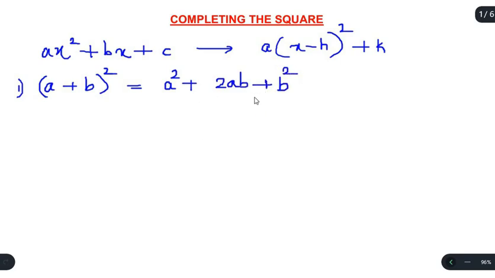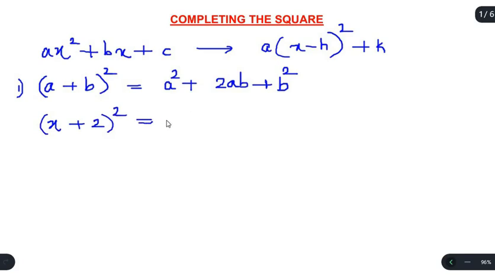This is the first identity you have to know. So for example, if a question is given as (x plus 2) the whole squared, we can use this identity to expand it.